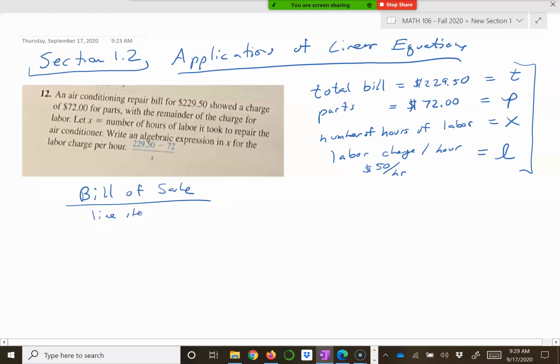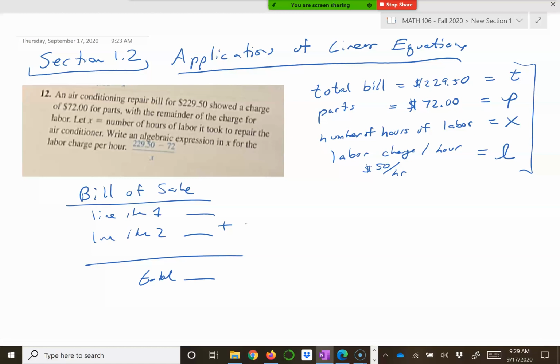Line item 1 is so much, line item 2 is so much, and then you have a total on the bottom. To get the total, you're basically adding these together. They're assuming you understand what a bill looks like, and I'm assuming you've all been to a restaurant and seen that.